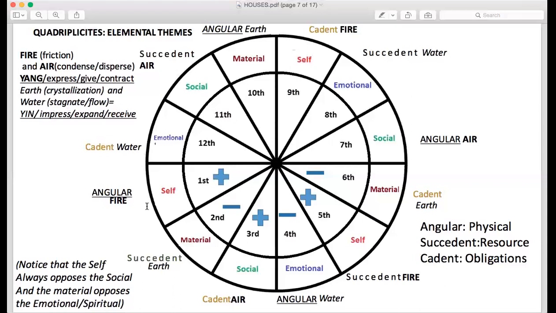So if we think about these qualities in relation to the angularities of before, we get various meanings and descriptions that further give us insight into the meaning of the house. Right? So angular is physical, succeeding is resource, and cadent is obligations. This is my fire physical, my resource fire, and my obligatory fire.